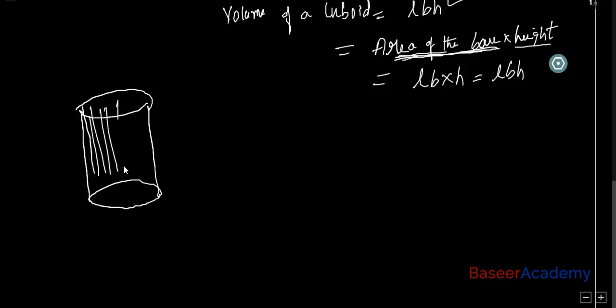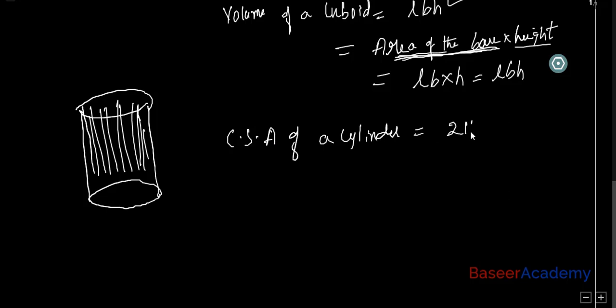The entire curved surface that you see here forms your curved surface area. I've just written the abbreviation here. C.S.A stands for curved surface area. Curved surface area of a cylinder is nothing but 2 pi r h. Curved surface area of a cylinder is 2 pi r h.